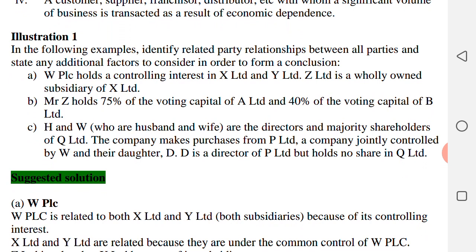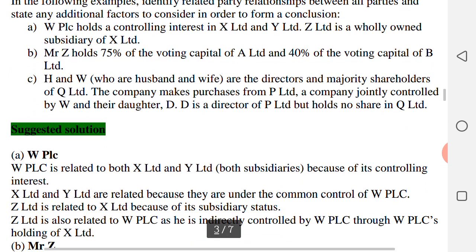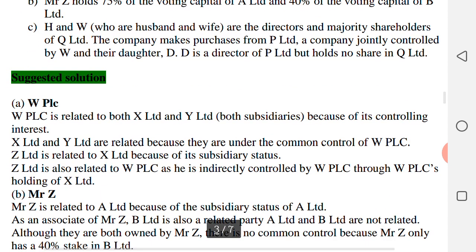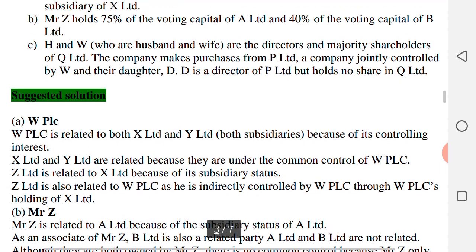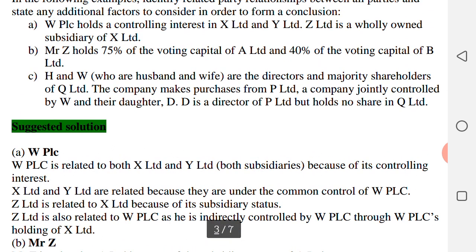So let's look at the solution to A. WPLC is related to both X and Y because WPLC has a controlling interest in both. So both of them are subsidiaries of WPLC because of the controlling interest.